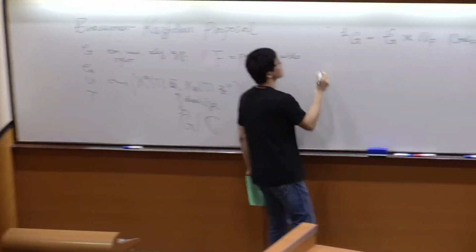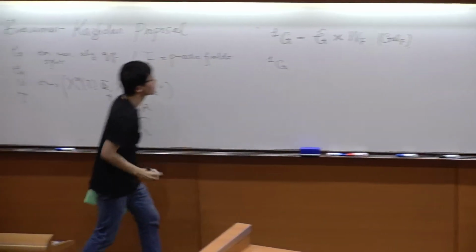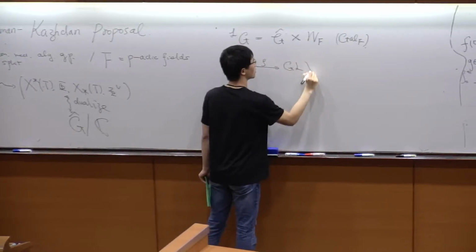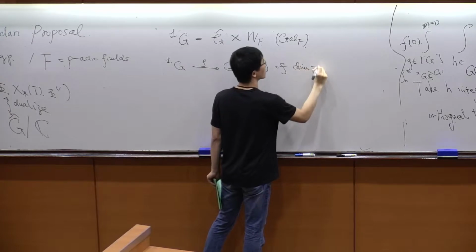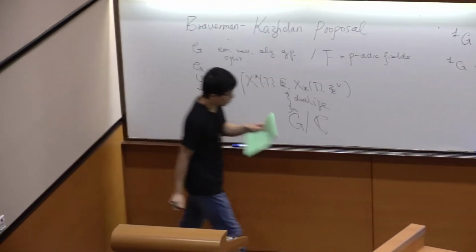Okay, then let's fix a finite dimensional representation of LG, which we call rho, of dimension n.